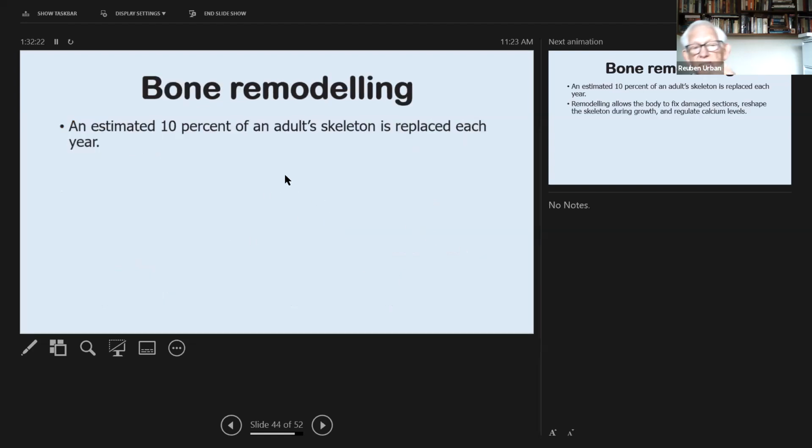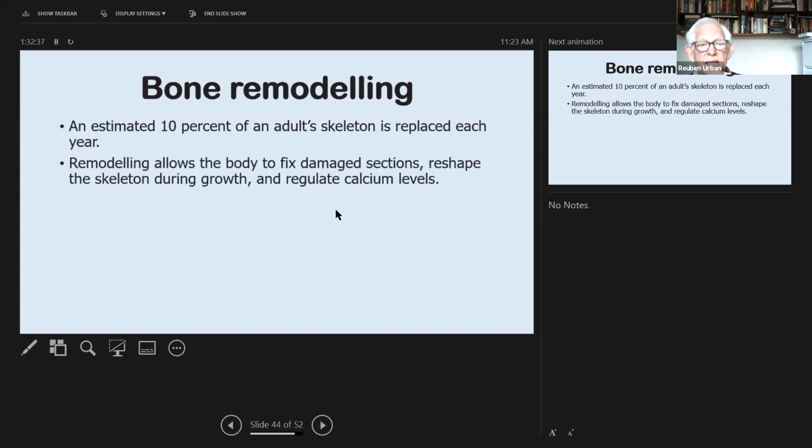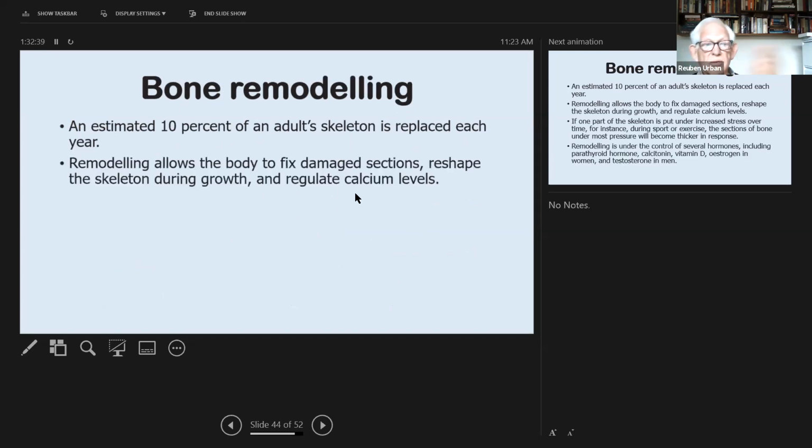And about the remodeling, about 10% of our skeleton is replaced every year. Not that you've broken them, but they become old. Remember the cells? They become old, they get replaced. And you can fix damaged sections, reshape things.